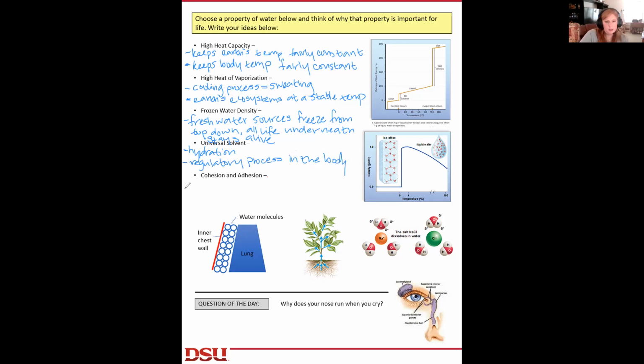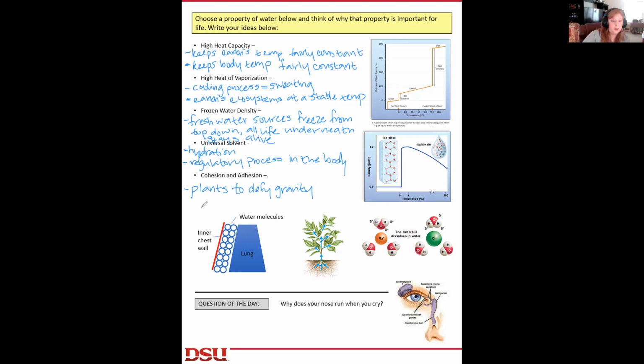Cohesion and adhesion, this is going to be important for plants, as I've said, because it allows plants to defy gravity. So when you water a plant, you don't water the top and then it runs down. You water the bottom and it runs up. It doesn't really run up, but you know what I mean?